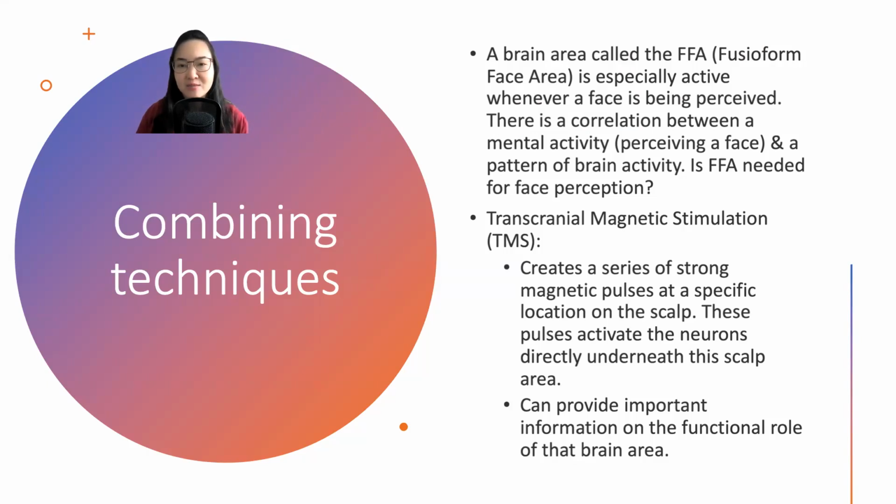Transcranial magnetic stimulation, or TMS, creates a series of strong magnetic pulses at a specific location on the scalp. These pulses activate the neurons directly underneath the scalp area. TMS can provide important information on the functional role of that brain area.